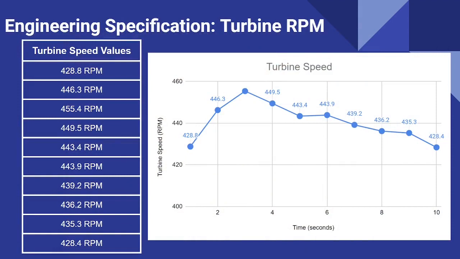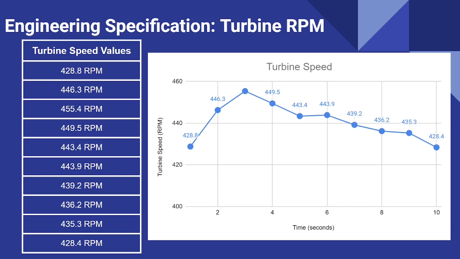Here we have the data for the turbine speed during this test. The tachometer reads the RPM every 0.8 seconds, and as you can see, the turbine speed was mostly consistent throughout this demo. After 2.4 seconds, you can see that the RPM started decreasing, and it was most likely due to the turbine moving slightly during this demo.